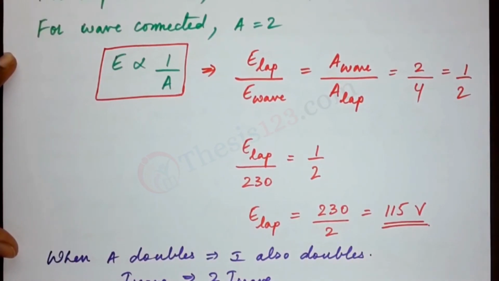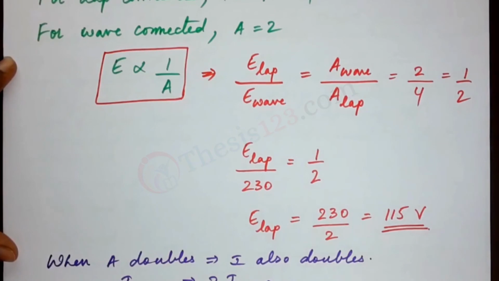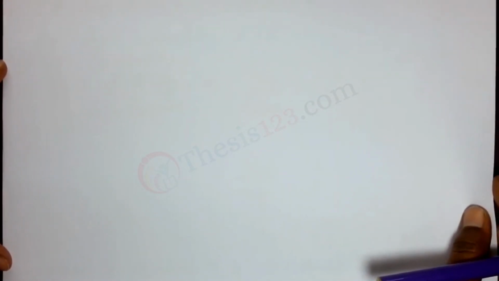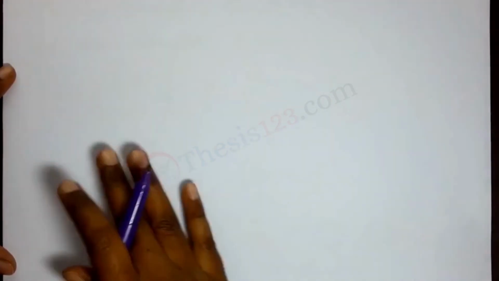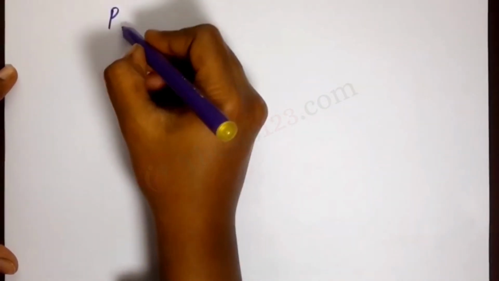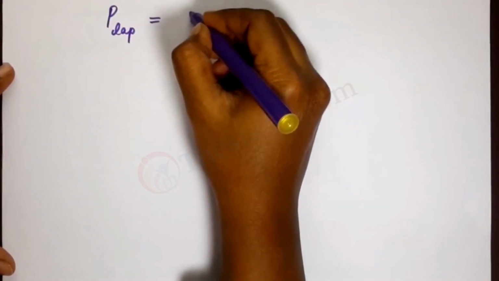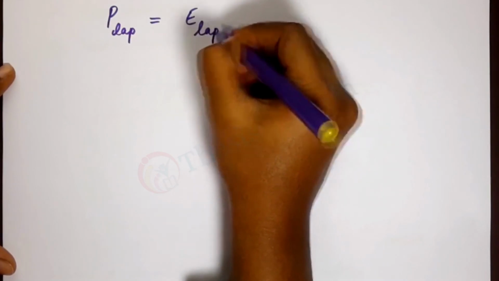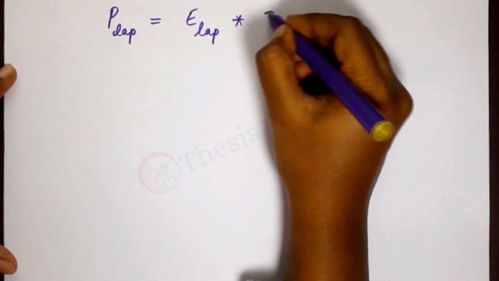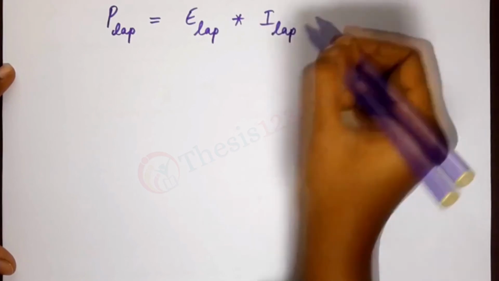I hope that makes sense. Now, let's calculate the power for lap winding. The power when the machine is connected in lap winding would be equal to the rated voltage of lap winding into the current of lap winding.